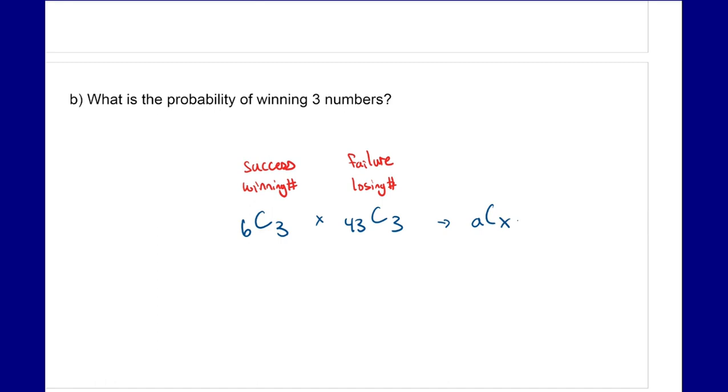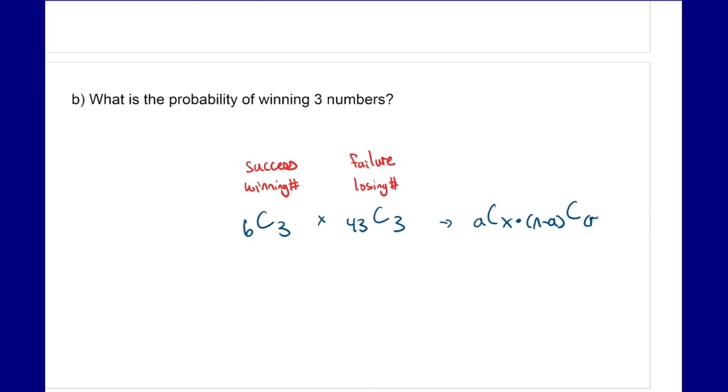A choose X, times N minus A choose R minus X, all divided by N choose R, right? So if we were to look at this, we'd have 6 total possible successes, choosing 3 of them, times 49 minus 6, the total number of outcomes minus the total number of successes. 49 minus 6, that's where we get our 43 from.